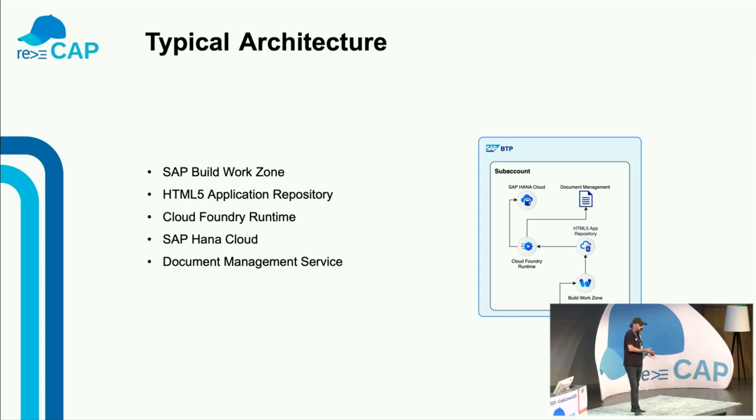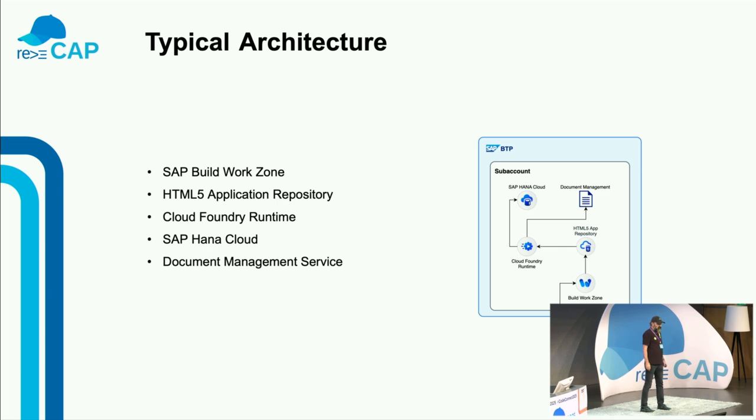When we develop a CAP application, we mainly deploy our application into the Cloud Foundry runtime, and we deploy our HTML5 Fiori applications into the HTML5 application repository. And we will probably have SAP HANA Cloud, we will have maybe document management service. That was in my case, that's why I have included this in the slide.